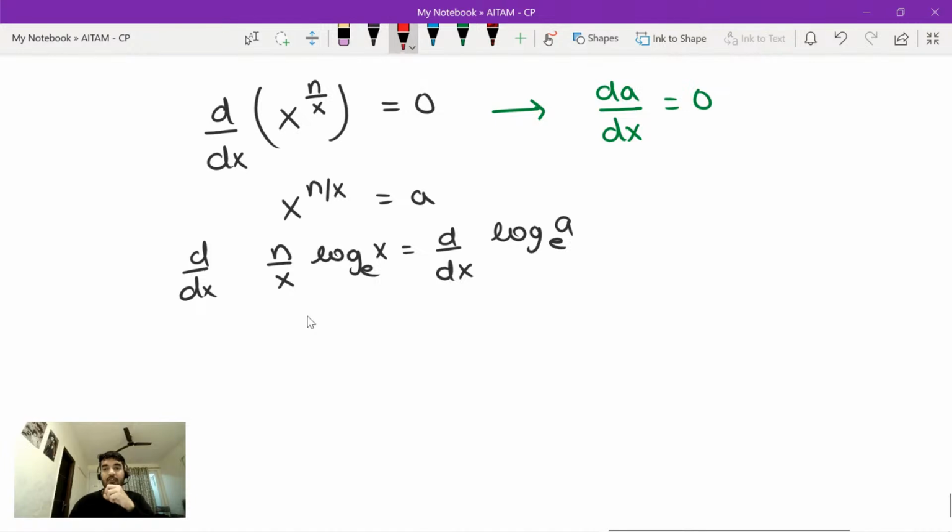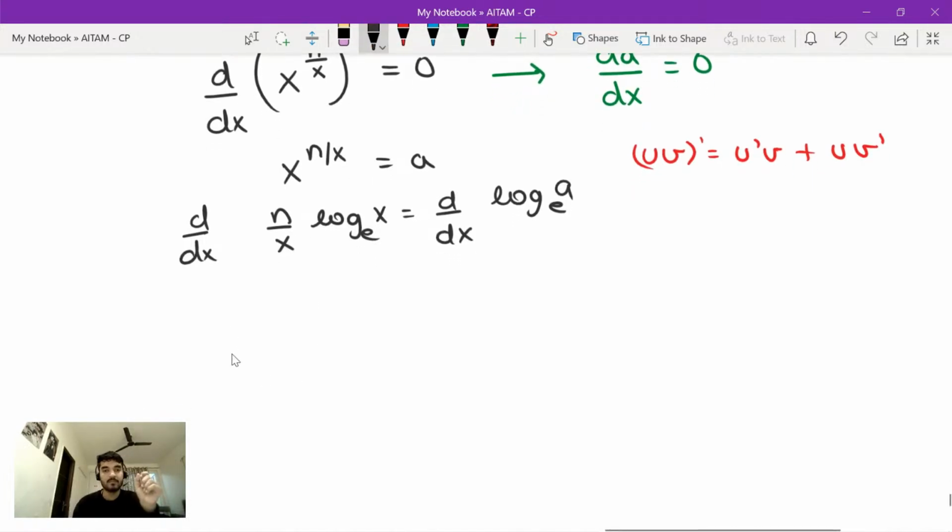There is a very famous formula that we have learned in differentiation: the differentiation of uv is u dash v plus v dash u. First I will make v a constant, and then I will make u a constant. So in this case, first I have to make this log of x base e a constant.